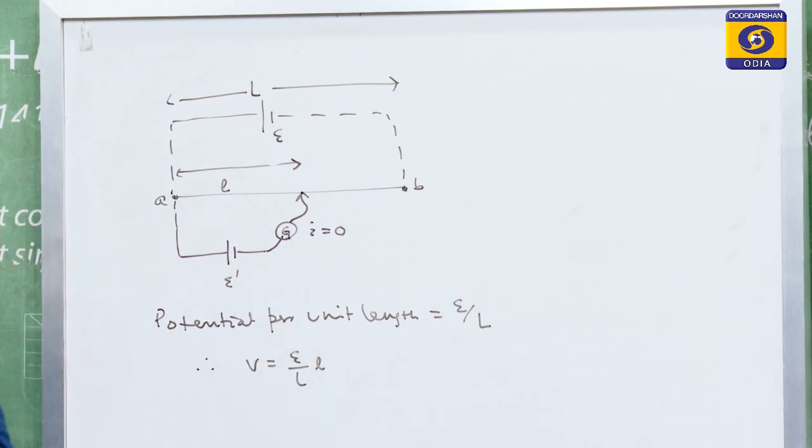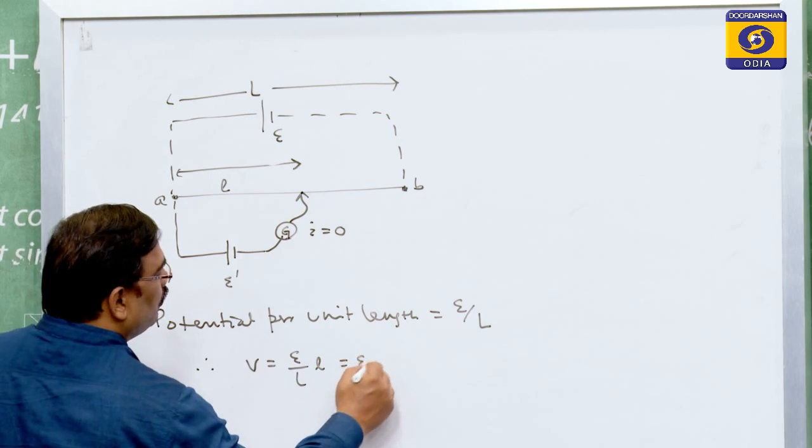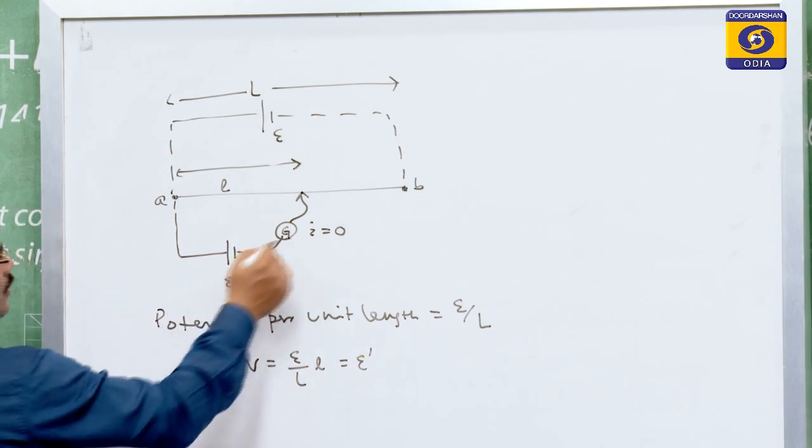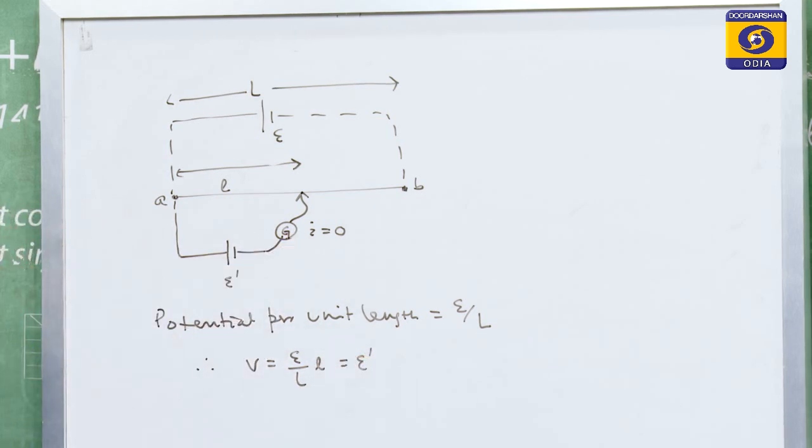This is my V, which is equal to E dash, so that there is no current passing through the galvanometer and it is balanced.